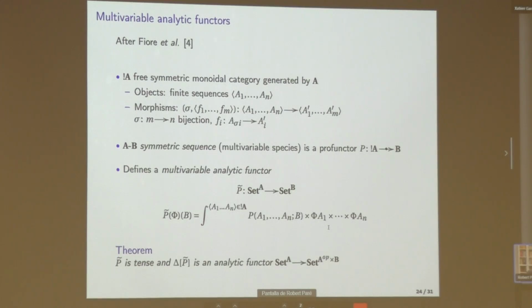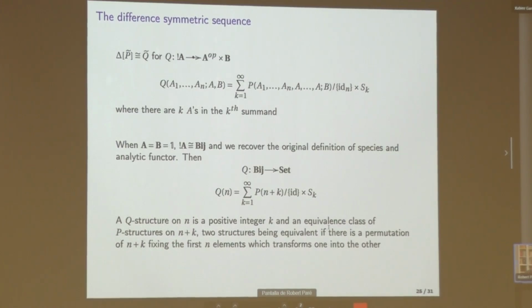Okay, and we can actually calculate the species corresponding to delta of P tilde. So it's a little bit complicated. So given a symmetric sequence, an A, B symmetric sequence P, we get another A opposite cross B symmetric sequence Q, defined as follows.